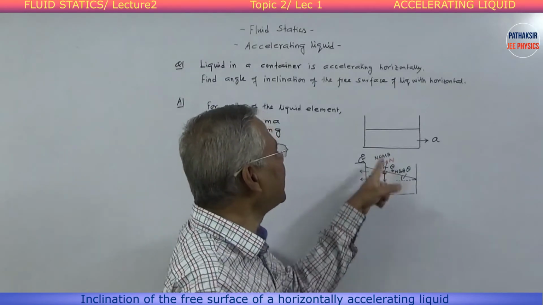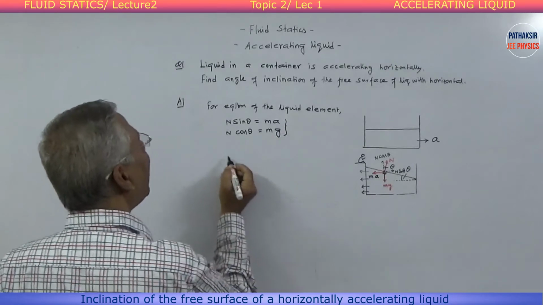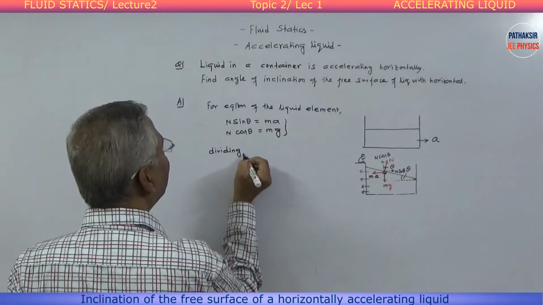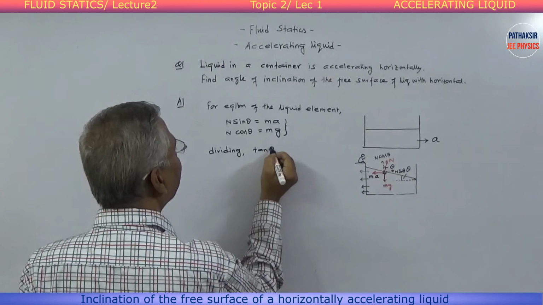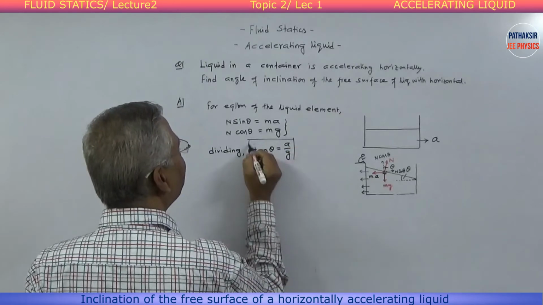You can see N cos theta equal to mg, N sin theta equal to ma. Divide these two, dividing, tan theta equal to a by g.